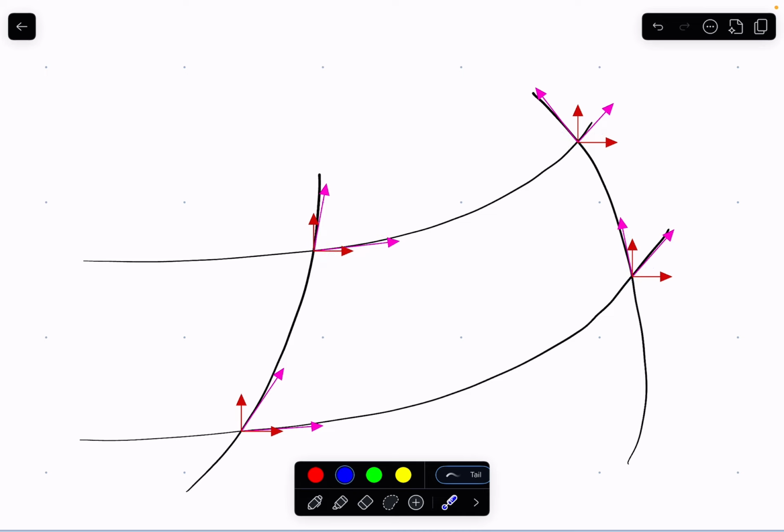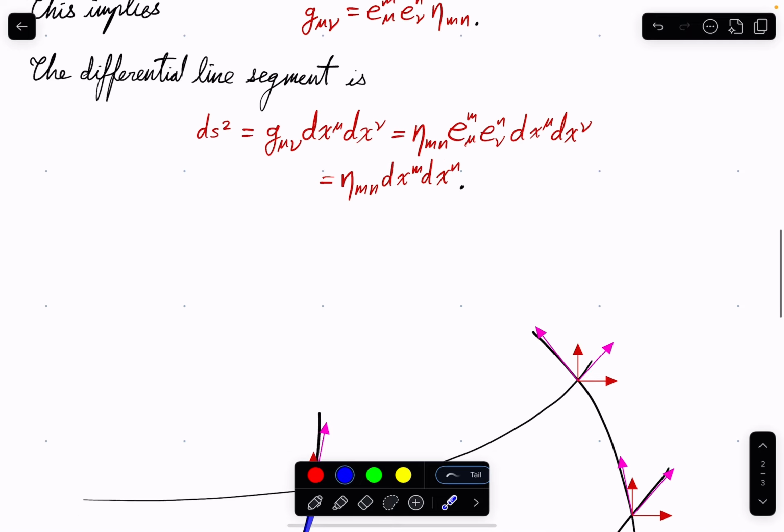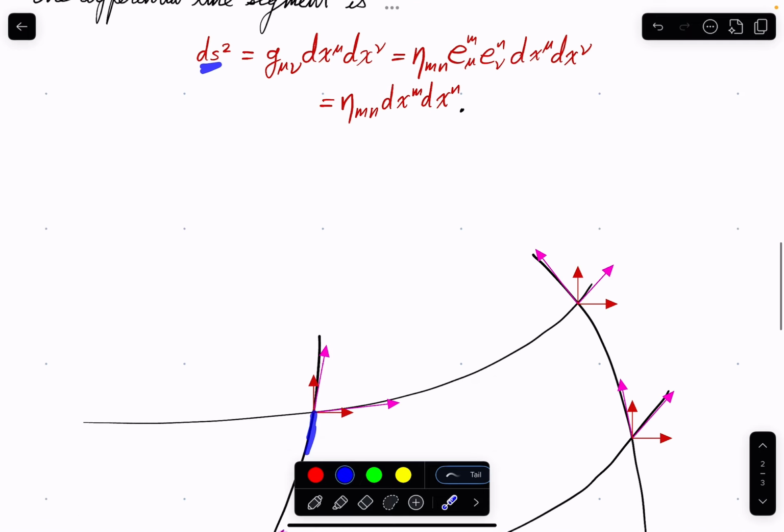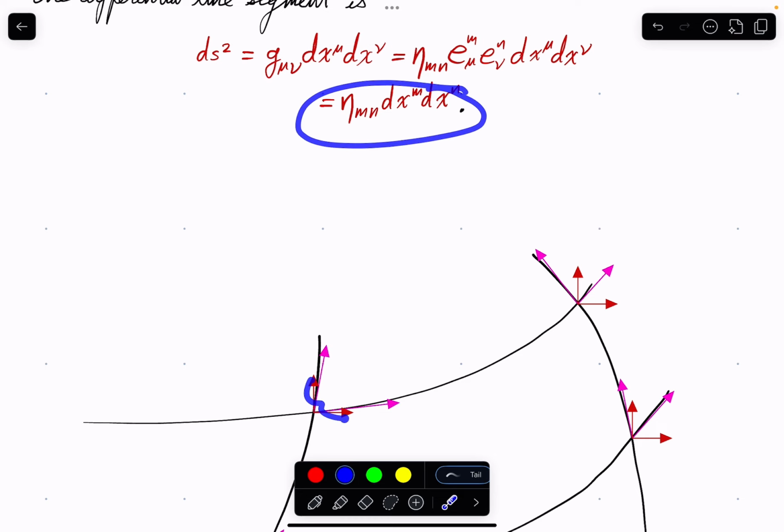So the pink give you the coordinate basis vectors. And then when you move into a tetrad, you get these orthonormal frames here. If I were to look at a little curved segment here, that's what this ds is. It's a small differential line segment, and it can be expressed in terms of these pink vectors or in terms of these red vectors.